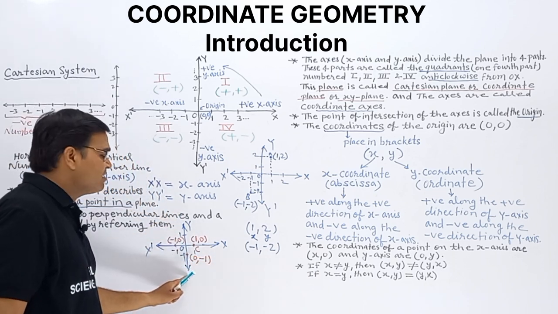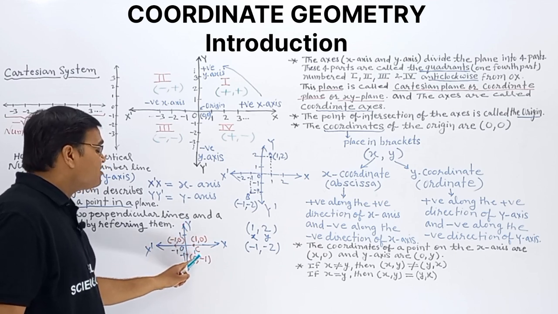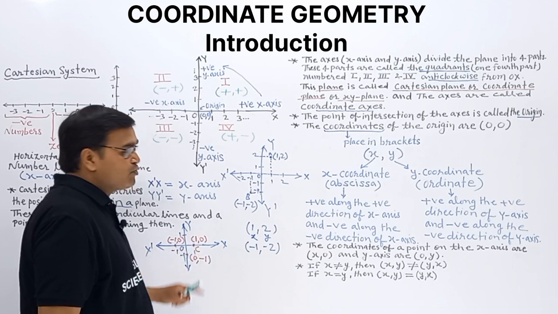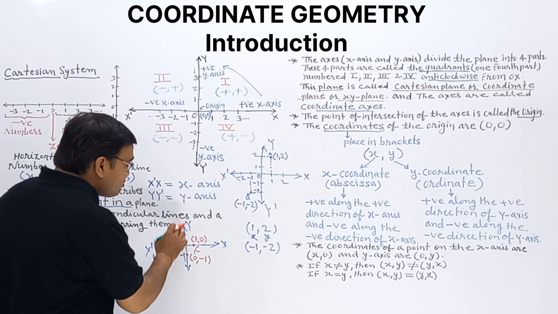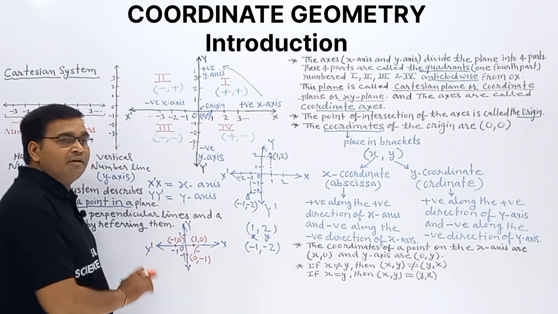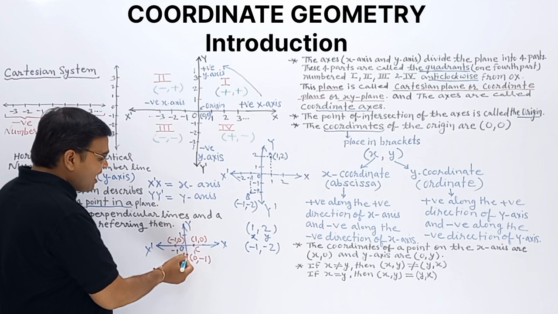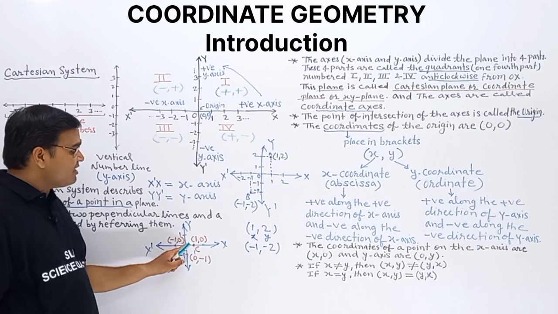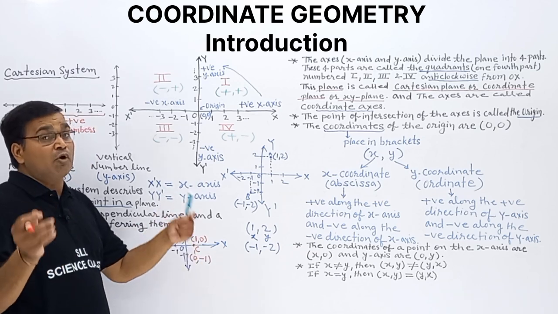This is the y-axis. So what is the x coordinate? It will be 0, and the y coordinate will be -1. Getting it or not? Do you have any x coordinate for this point? No. This is on the y-axis. So x coordinate is 0. And the y coordinate will be what?